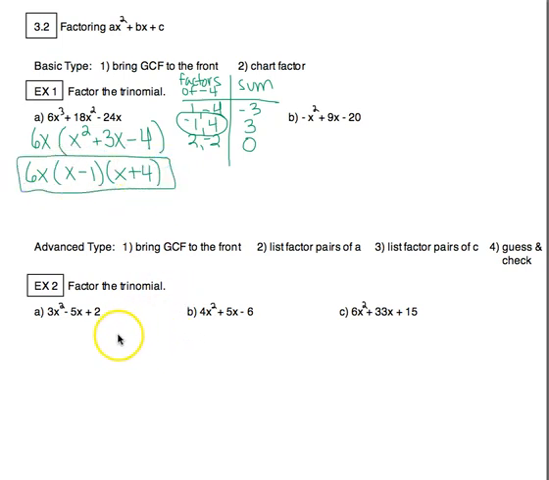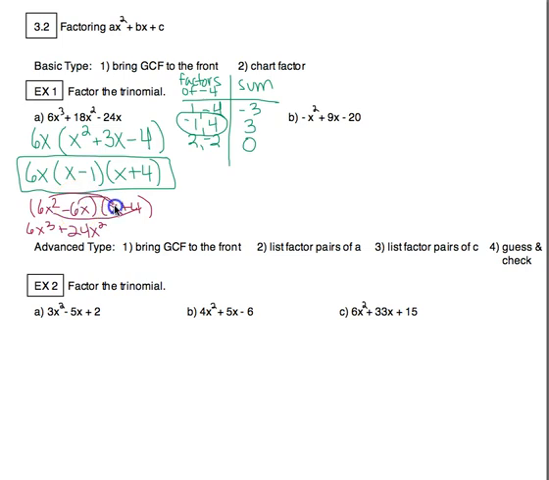Remember also that you may see some where you're working backward, where they give you this answer and ask which trinomial you would get. In that case, working backward, you would distribute the 6x first, so that'd give me 6x squared minus 6x, and then you would FOIL it with your x plus 4. So 6x squared times x is 6x cubed. 6x squared times 4 is 24x squared.